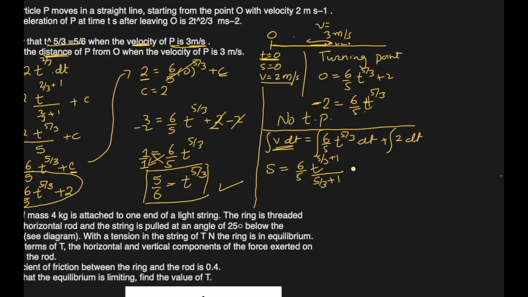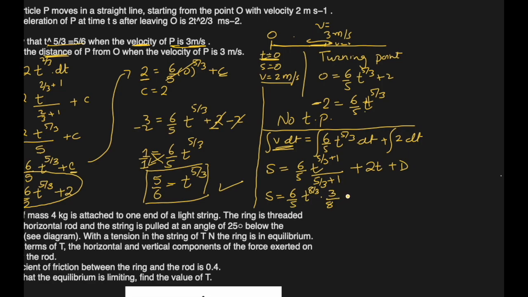Then we'll have here 2t, and there will be another constant, let's call it d. So s is equal to 6 over 5 times t to the power 5 over 3 plus 1, which is 8 over 3, divided by 8 over 3. The same thing I did in the previous part: 8 remains the denominator, but 3 becomes the numerator.